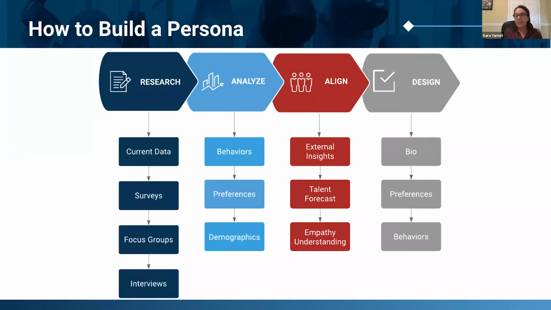So doing this just internally is not enough. I've worked with lots of clients who initially focus on, I'll keep my software engineer example, we need to hire software engineers. We have a whole bunch of them here. So let me just analyze their data. Let me have them take the surveys, participate in the focus groups or the interviews.